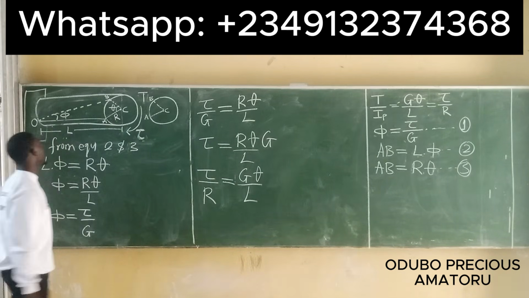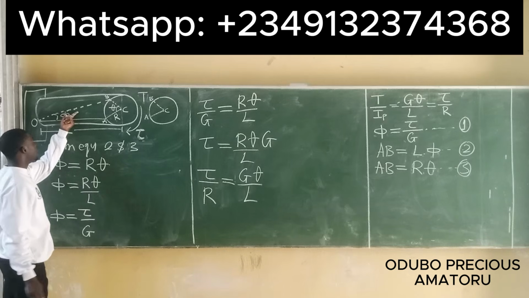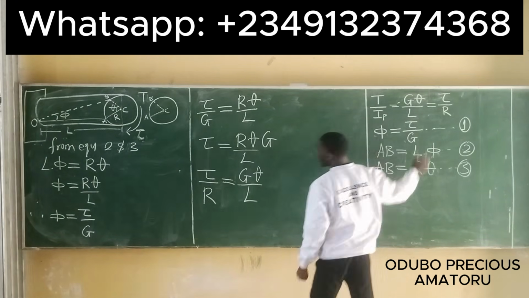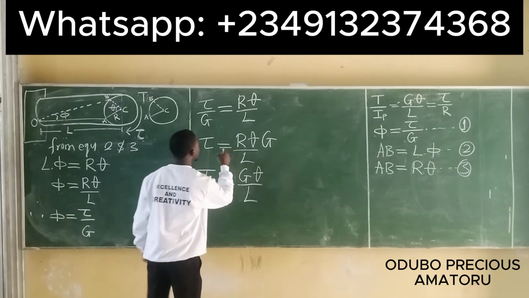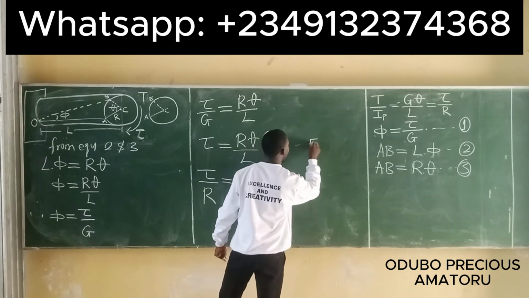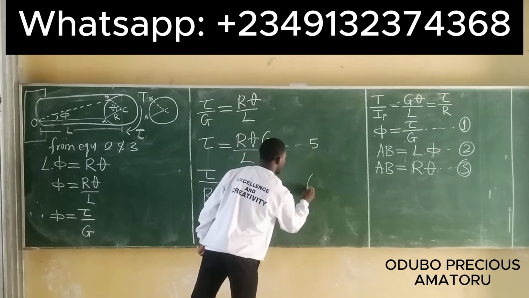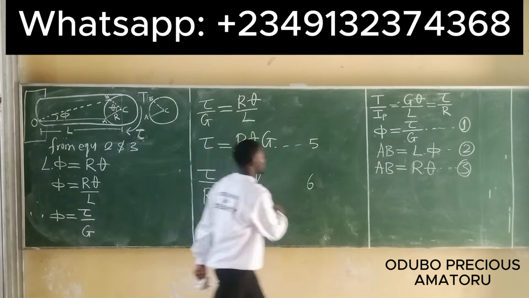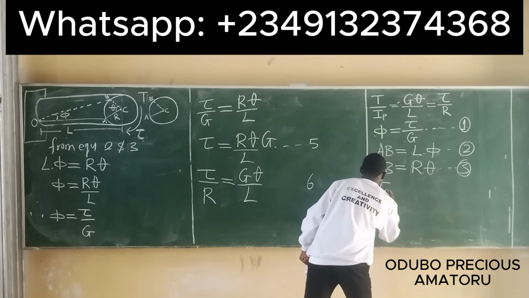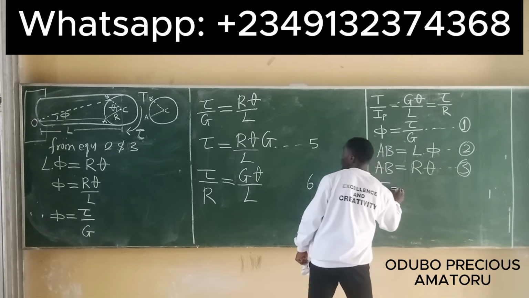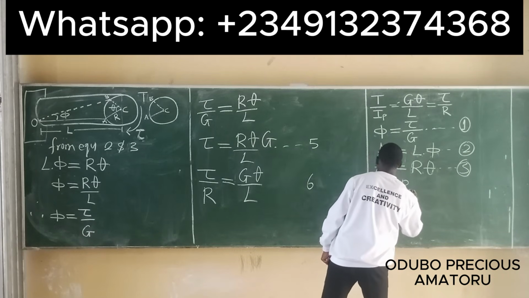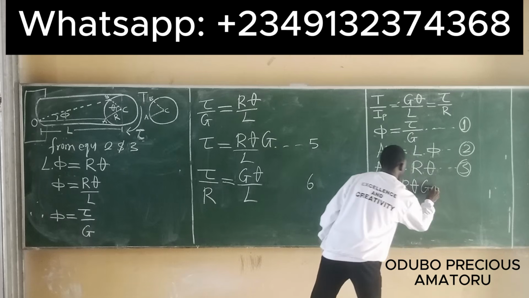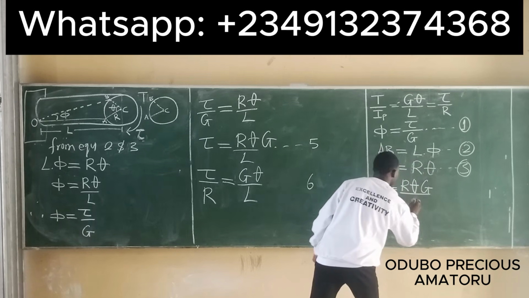So remember I said once you analyze this triangle and this, it's going to give you one part of the equation. So that's what we've done here. So let's call this our equation 4 and this will be equation 5. I'm just going to write it down. So we have shear stress is equal to the radius multiplied by the angle of twist multiplied by modulus of rigidity all over the length.